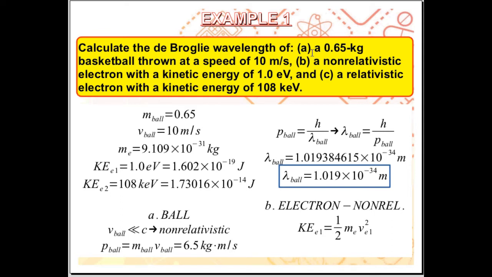The de Broglie wavelength of a 0.65 kilogram basketball thrown at a speed of 10 meters per second. When we say non-relativistic, in terms of speed, when you compare it to the speed of light, the speed of the object is very much smaller than c.